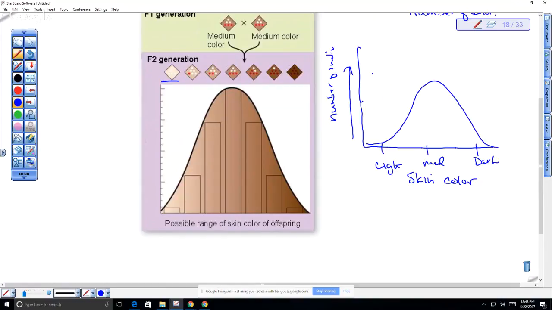It's kind of interesting, we're starting to see people becoming taller as populations change. It might be due to genetics, but it also might be due to nutrition. So better nutrition kind of promotes a taller height in general. Okay, so that's polygenic.